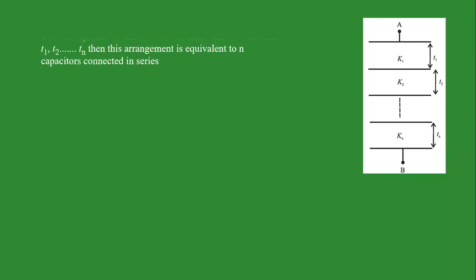Now second case: we consider if the capacitor is filled with n dielectric slabs of thickness T1, T2, T3, Tn. These are the thicknesses of the dielectric slabs. How many dielectric slabs? N. Having dielectric constants K1, K2, Kn.